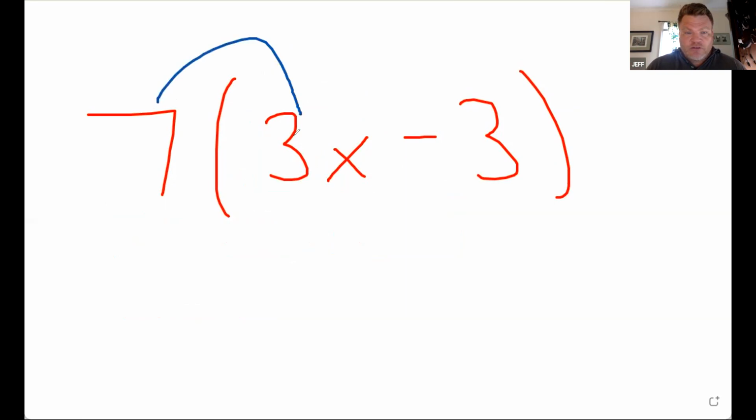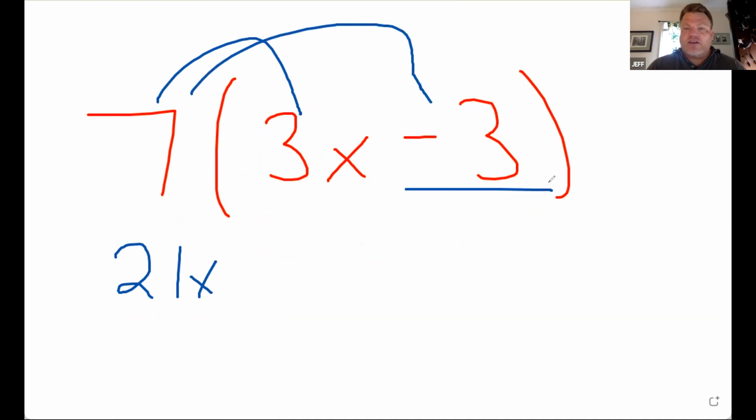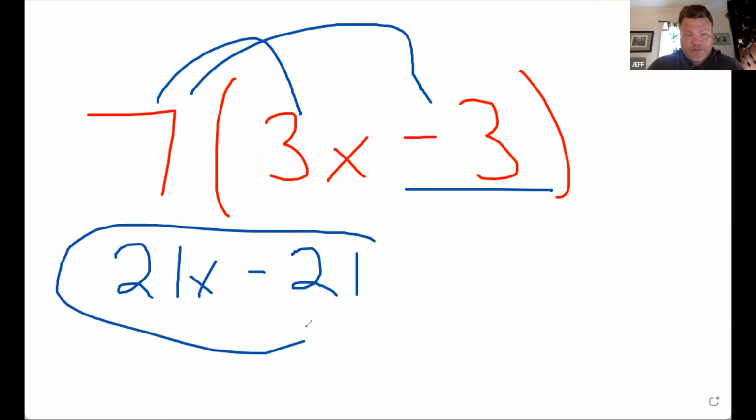We jump the fence, and this is 21x. That's all it is. Do what you can. And this would be 7 times negative 3. The sign travels. 7 times negative 3 is negative 21. This is done. Forks, knives, spoons. Families are seated together at the wedding reception. We're ready to move on.